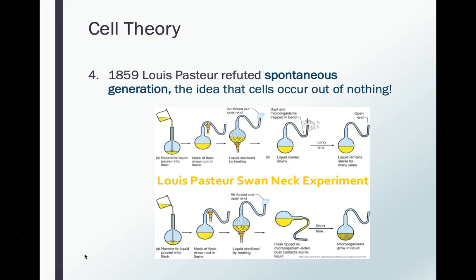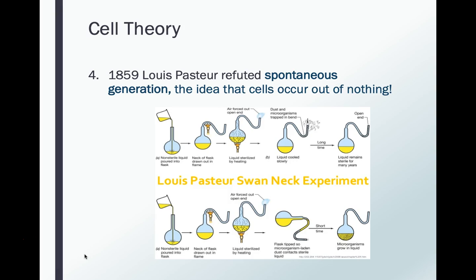He heated all of that liquid up, and then found that as long as living organisms could not get into the flask, nothing would be living in there. So nothing was spontaneously generating in this liquid where he had killed all of the cells.